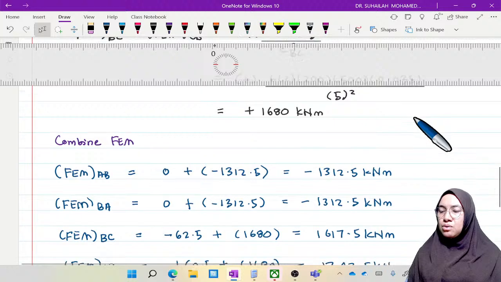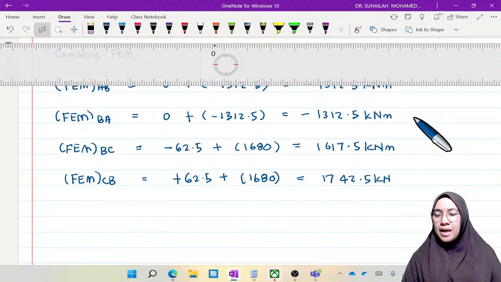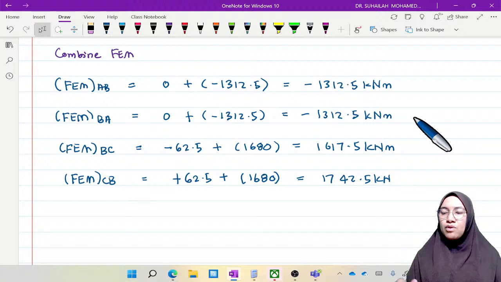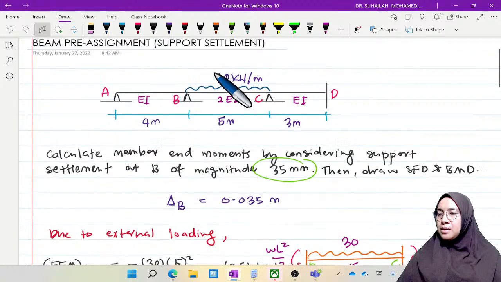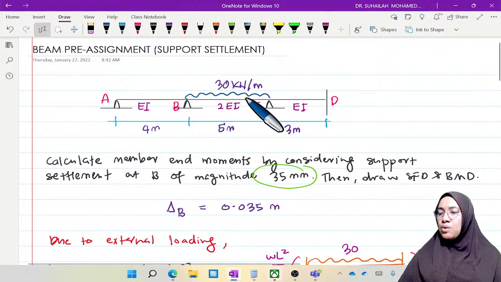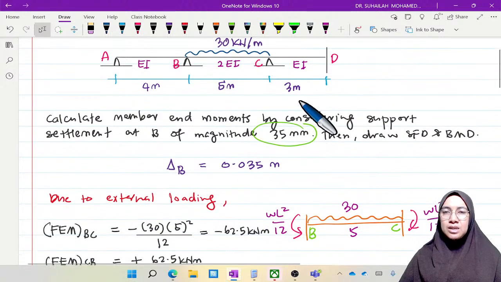There is no value for FEM CD and FEM DC. We only have values from member AB and member BC. Looking at the diagram previously, the UDL or external loading is only applied along member BC. There's no external loading along member CD, so FEM due to external loading for CD is 0.